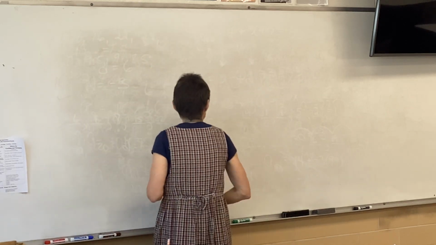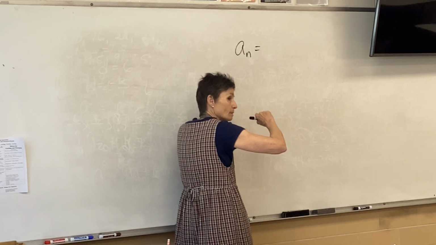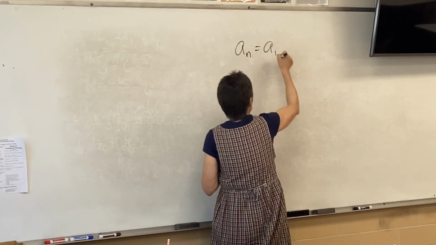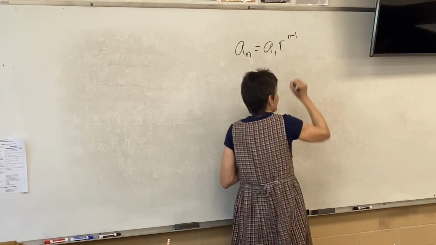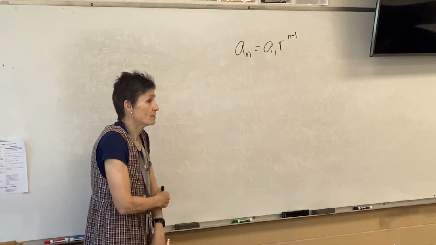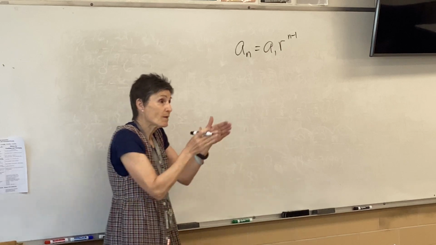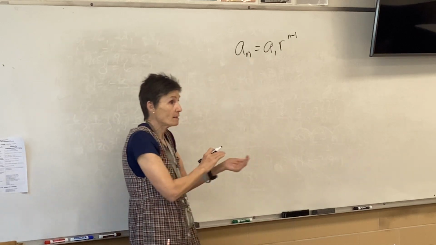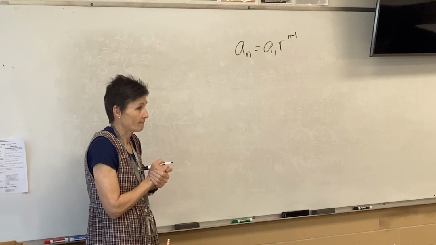A sub n equals A sub 1, very good, times r to the n minus 1 exponent. And r stands for the common ratio, which is the number that we multiply by to generate the sequence. It's geometric, so we're multiplying.